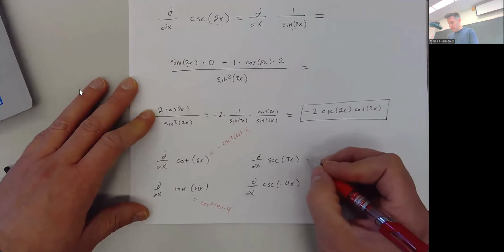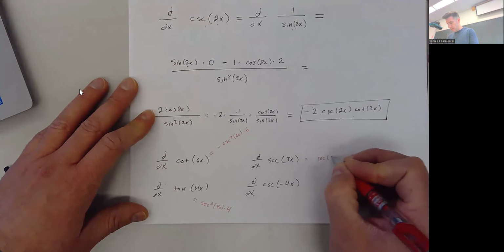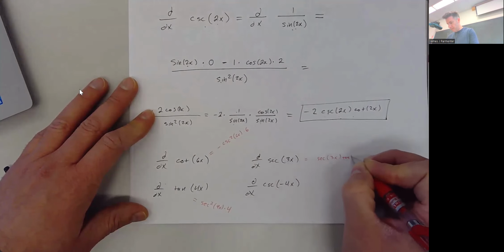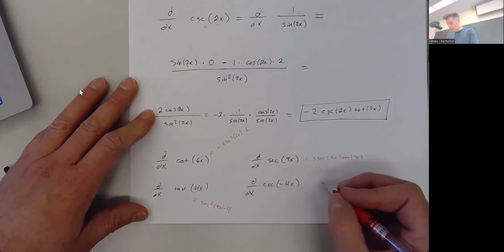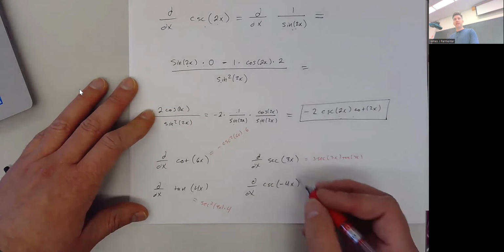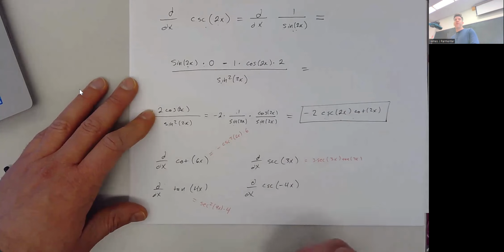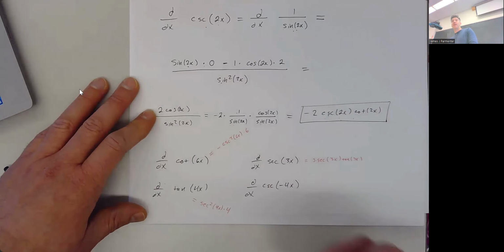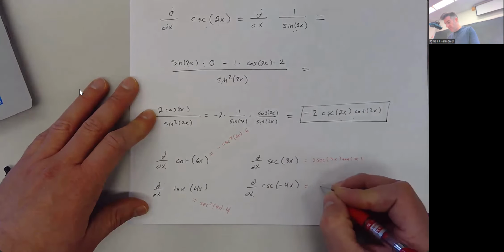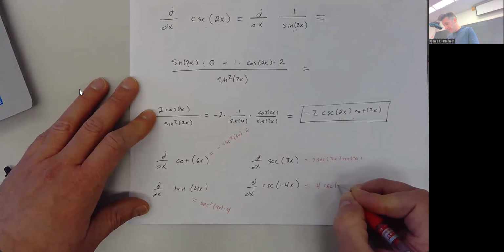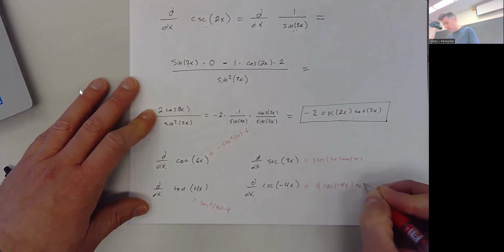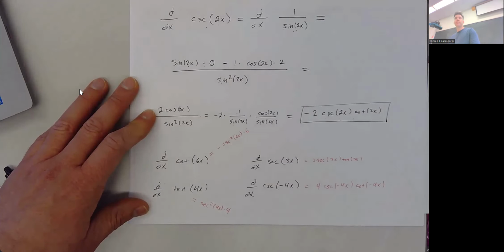The derivative of secant of 3x is going to be secant of 3x times tangent of 3x times 3. And the derivative of cosecant of negative 4x is a little bit spicy, because it's going to be negative cosecant of negative 4x times cotangent of negative 4x times negative 4. So the final answer is going to be positive 4 times cosecant of negative 4x times cotangent of negative 4x.